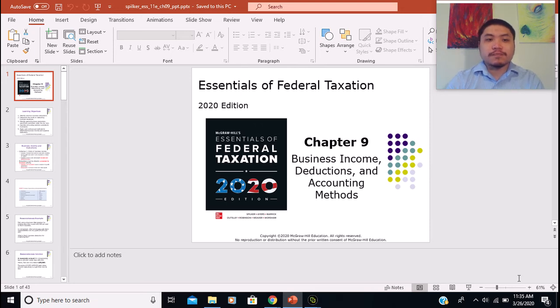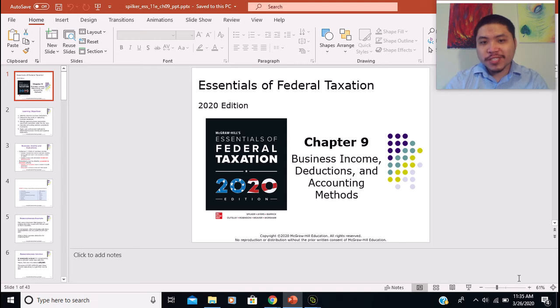All right. So today we're gonna start chapter 9, which focuses on business income deduction and accounting methods. So in previous chapters, since the beginning of the class until now, we have been heavily focusing on discussing how to determine income, how to determine deductions for individual taxpayers.